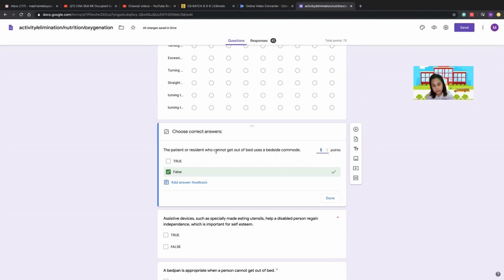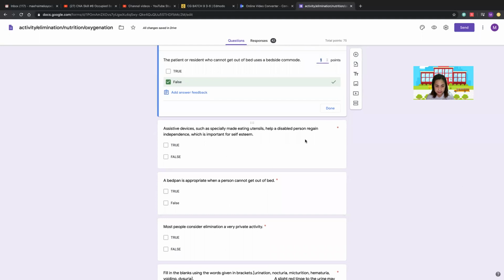Because if the patient cannot get out of bed, or is bedridden, he cannot use the bedside commode, since he still needs to walk to it. What you will do is put a bedpan or a diaper if he wants to pass urine or stool.